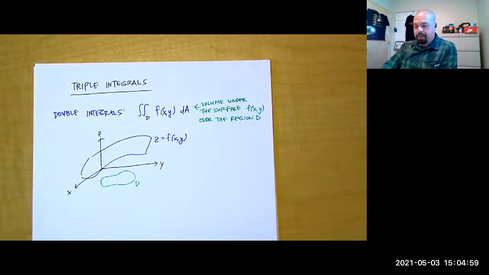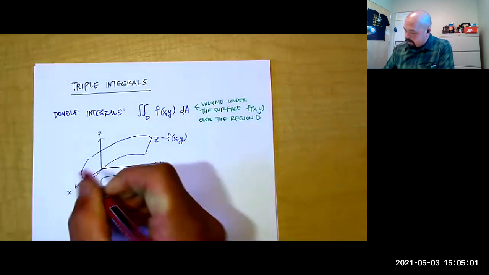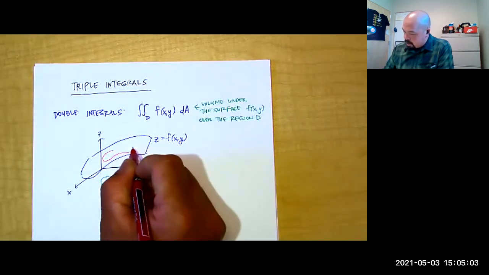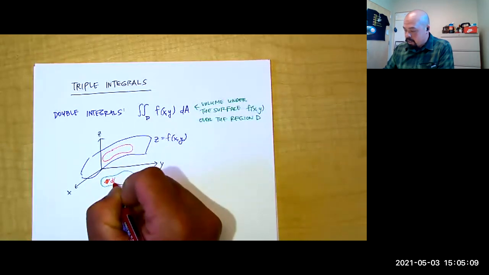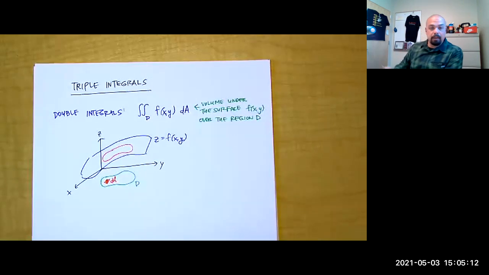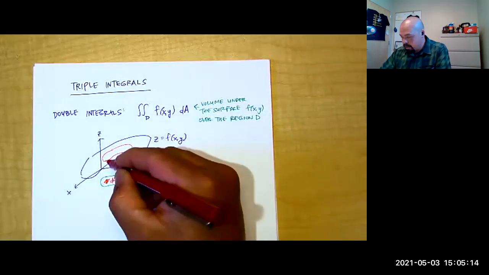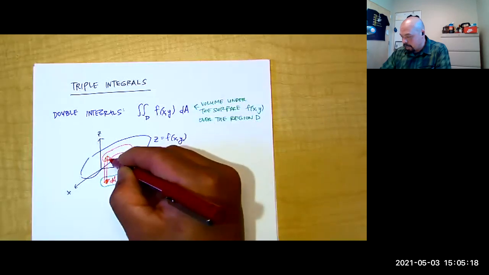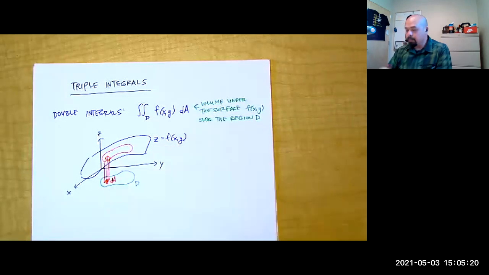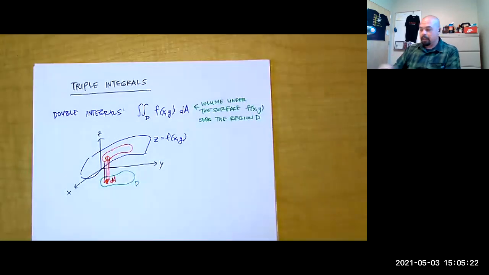Okay, imagine to some degree transposing that region D, but our idea was that we would take this little segment dA, some area from that region, and imagine building this kind of column of volume to sum up, right?